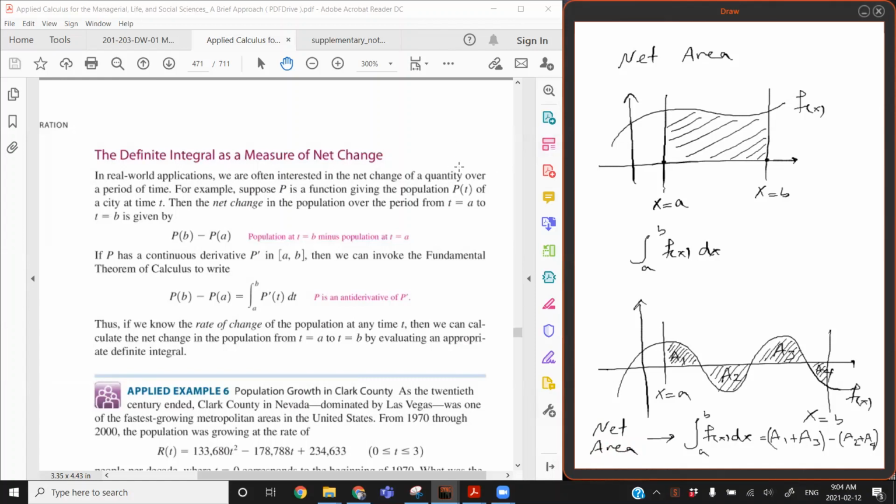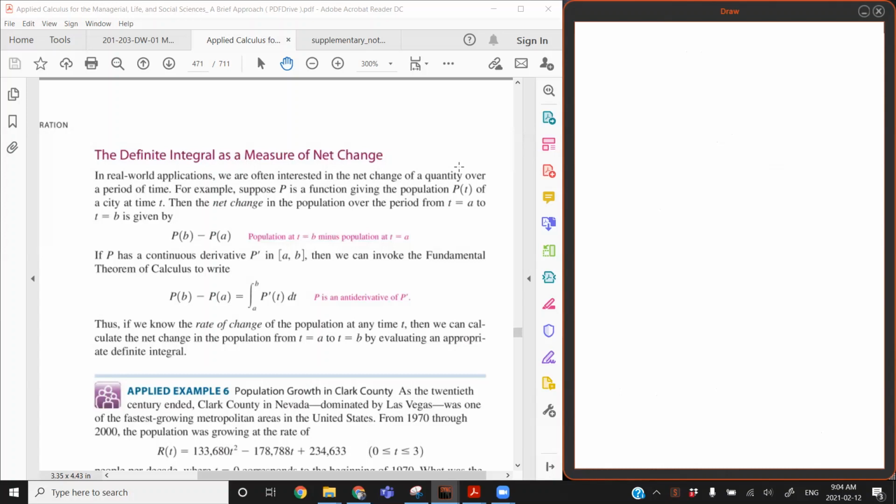Now, what is net change? So I'm going to begin with an example about population. Imagine you have a function P(t), and this function gives you the population of a certain region during a certain time. That is, for example, let's say t equals 0 represents the year 1950, and then t equals 1 represents the year 1951, and t equals 2 represents the year 1952, and so on.